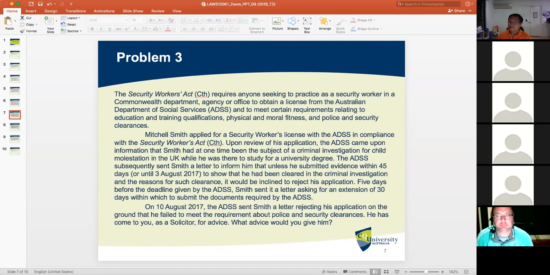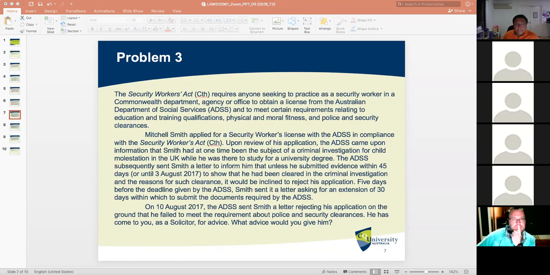The Security Workers Act requires anyone seeking to practice as a security worker in a Commonwealth department, agency or office to obtain a licence from the Australian Department of Social Services and to meet certain requirements relating to education, training, qualifications, physical and moral fitness, and police and security clearances. Mitchell Smith applied for a security workers licence with the ADSS in compliance with the Security Workers Act.